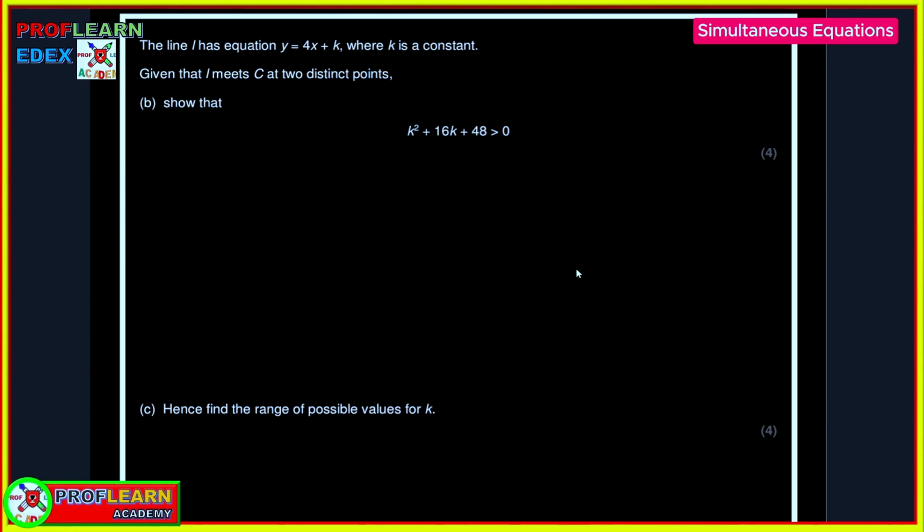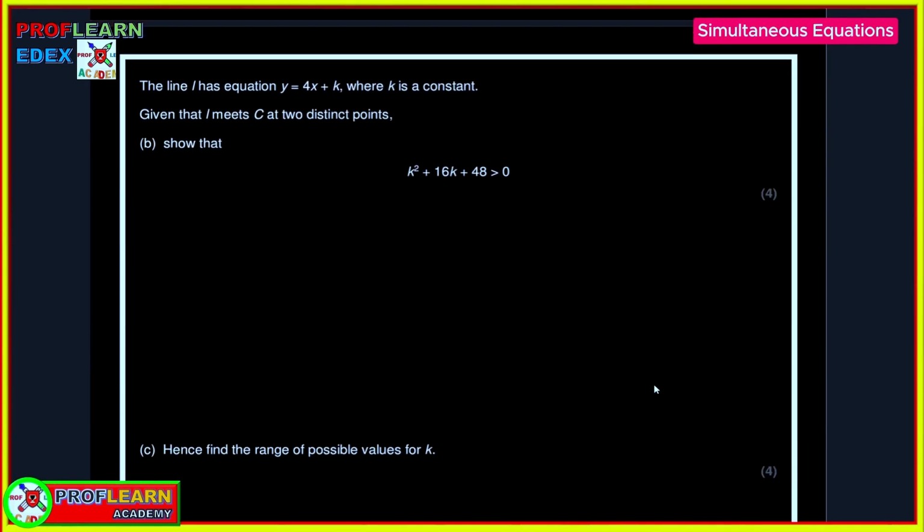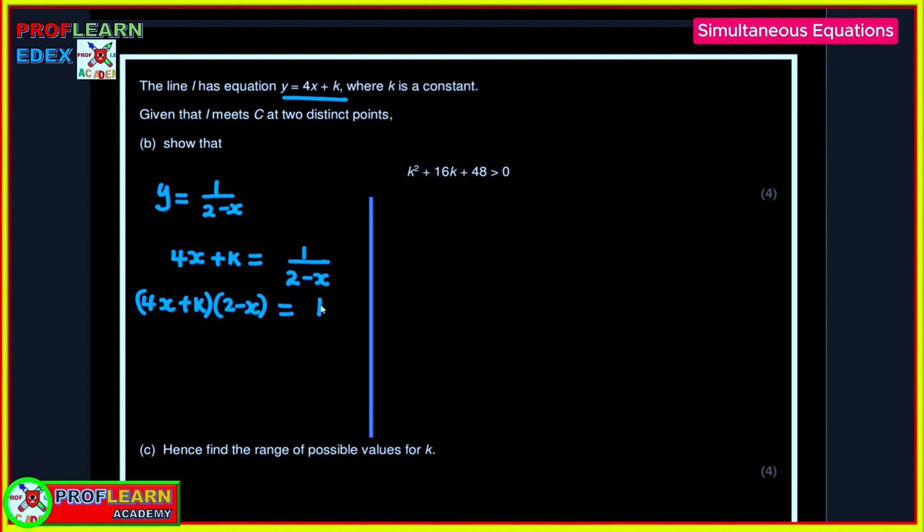So we are supposed to solve the equation of the straight line and the curve. Remember, the curve was y equals 1 over 2 minus x, and the equation of the straight line is that. So we can equate the two, form a quadratic equation, and from this quadratic equation we are going to find the discriminant. So simplifying this, what is it going to become?